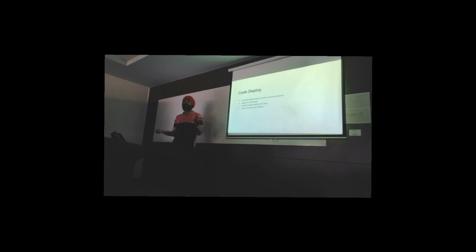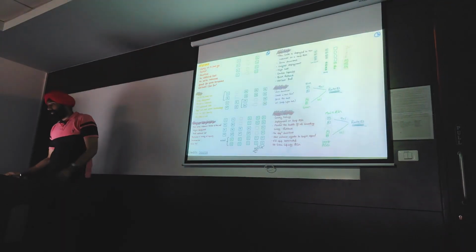So in case something fails, you can always roll back to the previous version of the build. You can also deploy to containers using CodeDeploy, and to Elastic Beanstalk, which is an AWS managed service that we are going to be looking at in the example.